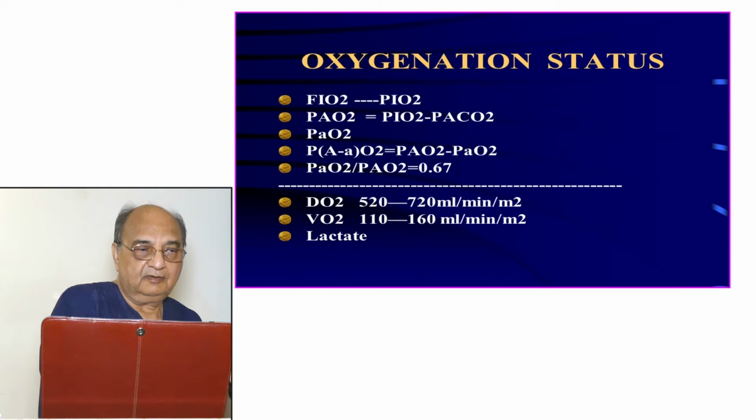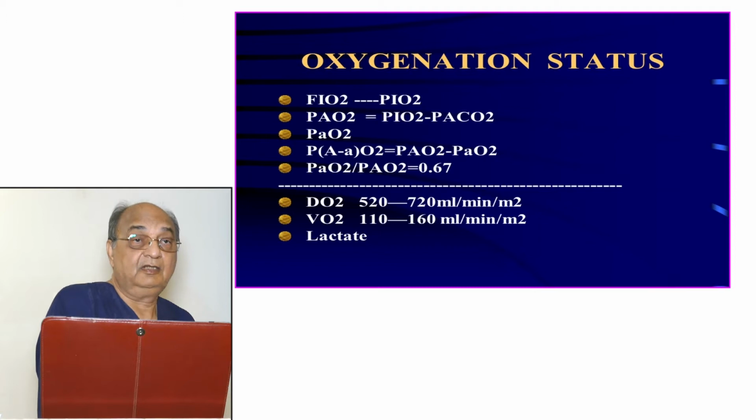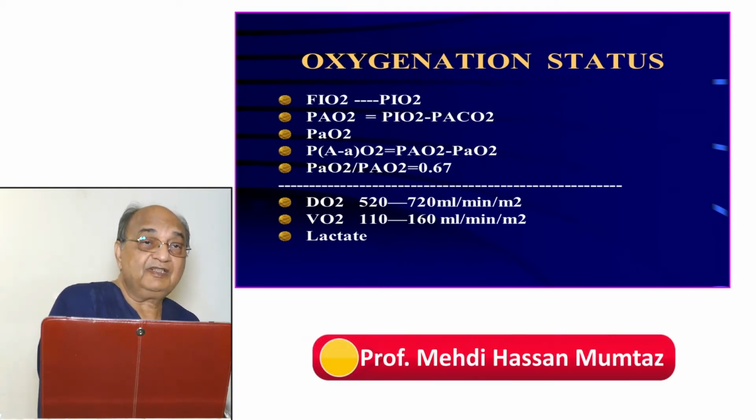But when they ask you about the oxygenation status, although oxygenation does not come into action as far as the diagnosis is concerned, the first step includes only 3 things, as we discussed last time.